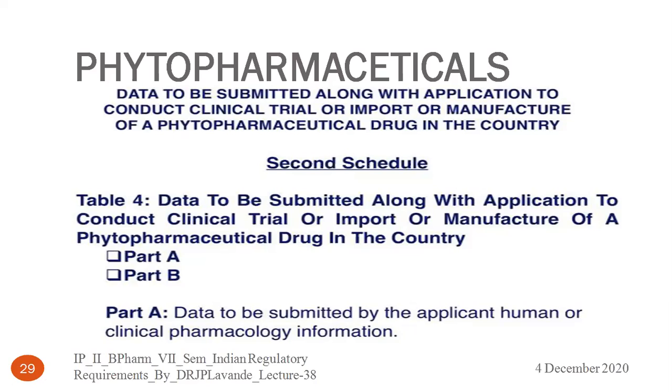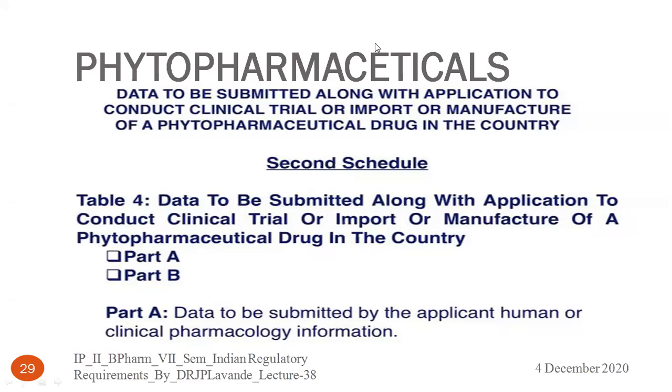NDCT is the New Drugs and Clinical Trials, right? So it should be in accordance with Table 4, and the data to be submitted along with the application to conduct the clinical trial or import or manufacture a phytopharmaceutical drug in the country is to be provided in two parts, that is part A and part B.